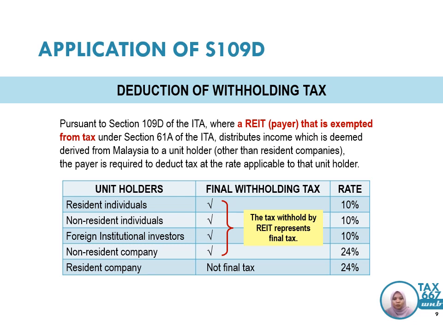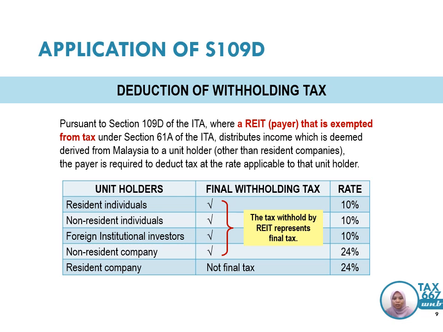Okay? So, according to section 109D, where a REITs that is exempted from tax under section 61A, it distributes income which is deemed to be derived from Malaysia to a unit holder other than resident companies, the REITs is required to deduct tax at the rate applicable to that unit holders.